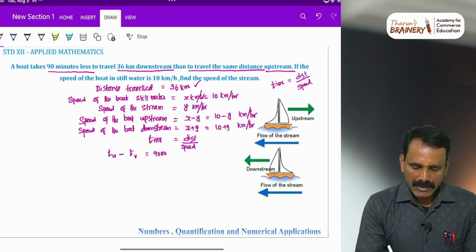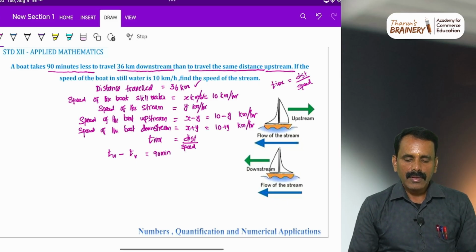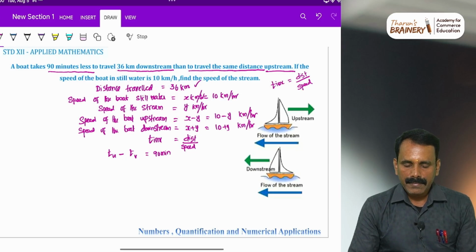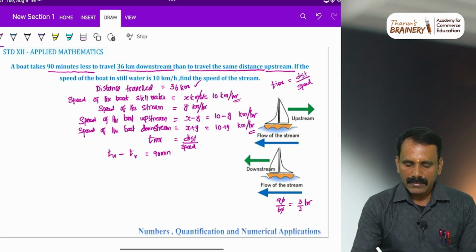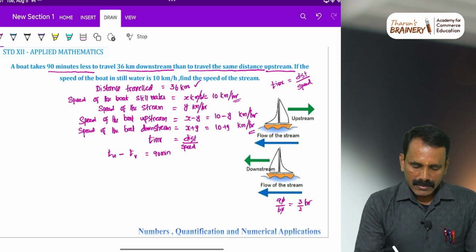We must convert this one to hour because all the units are in hour. It is not in minutes. So we divide 90 by 60, which is nothing but 3 by 2 hour.